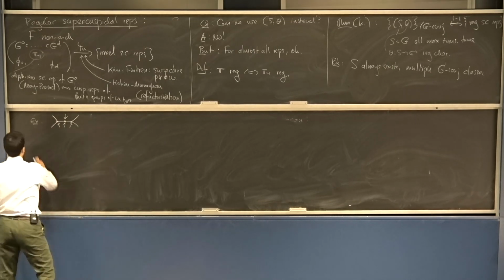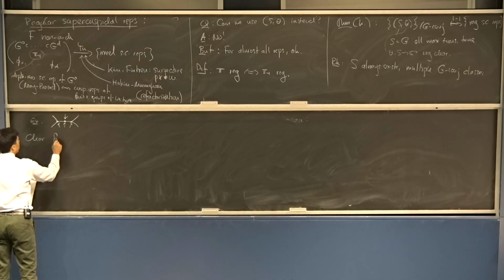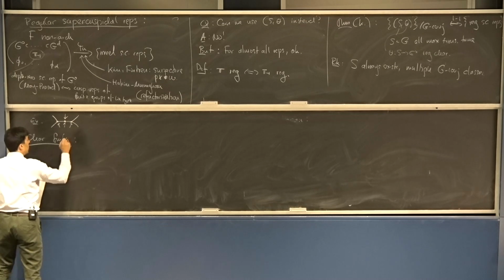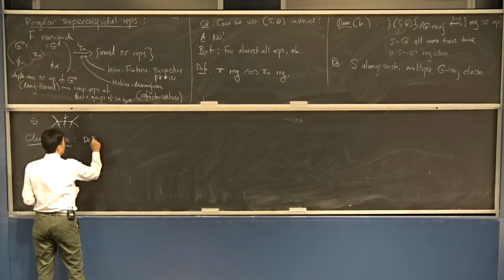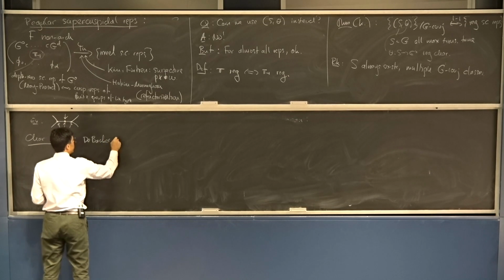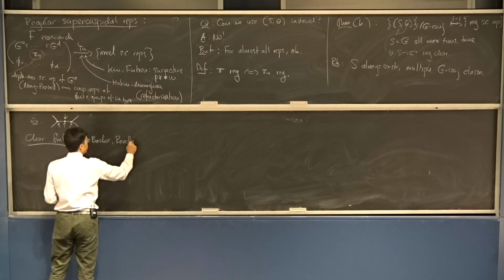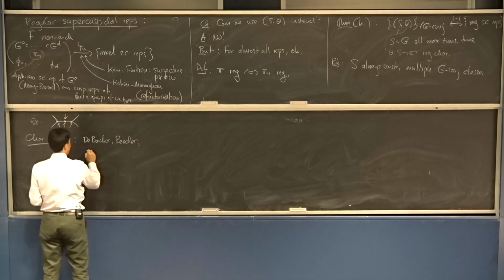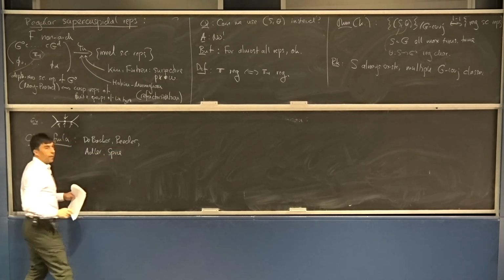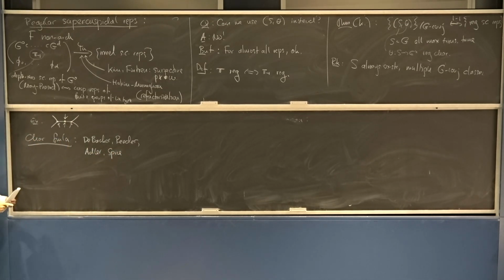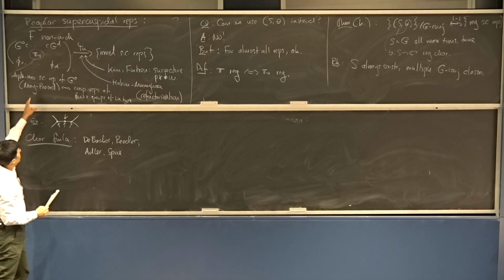OK, so coming to the character formula. This was studied over many years by various subsets of the following set of people. Some of them studied the case of depth zero representations.